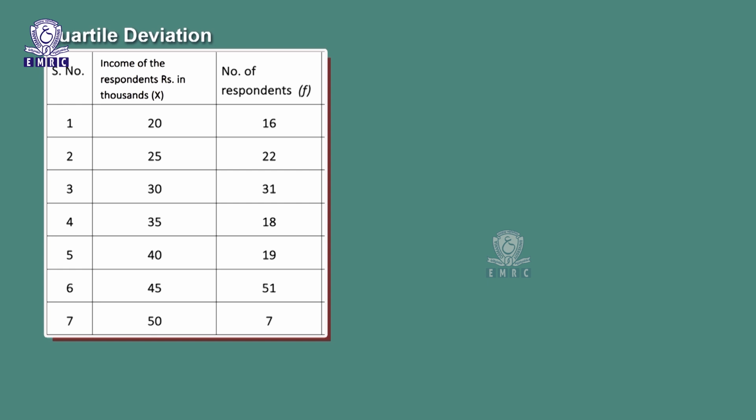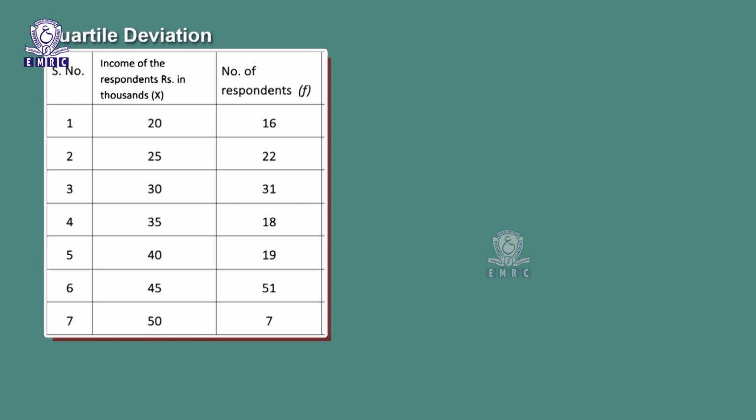Solution. Once you have the table, the first step is to draw the table and calculate the cumulative frequency. In the first row, you keep the serial numbers. In the second row, you put the income of the individuals. In the third row, you write the frequency, that is nothing but the number of people whose earning is 20,000, 25,000 and so on. So, our duty is to calculate the cumulative frequency.